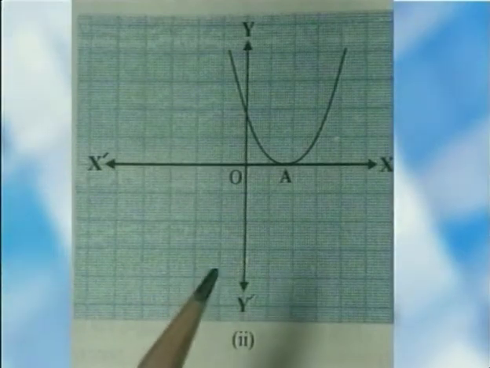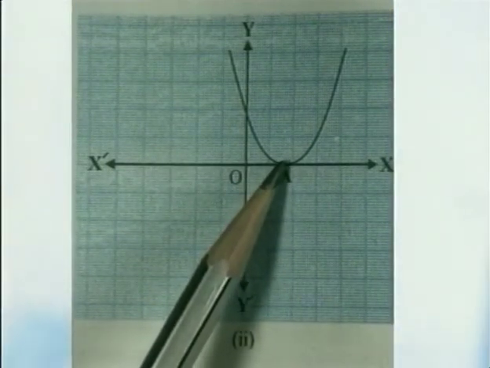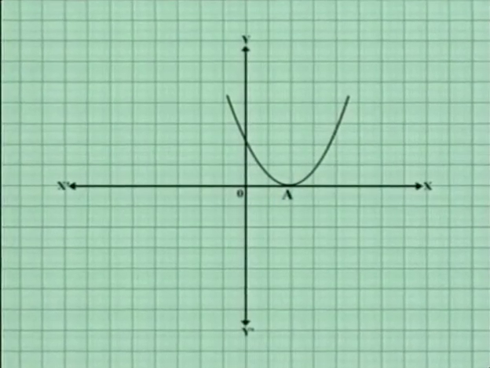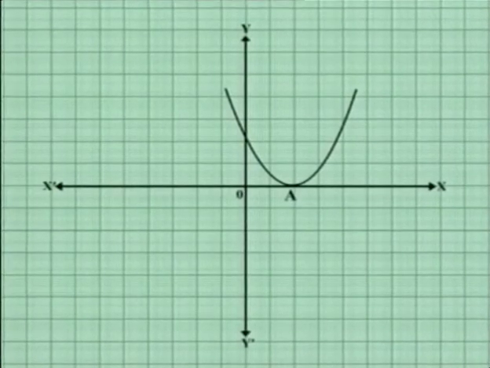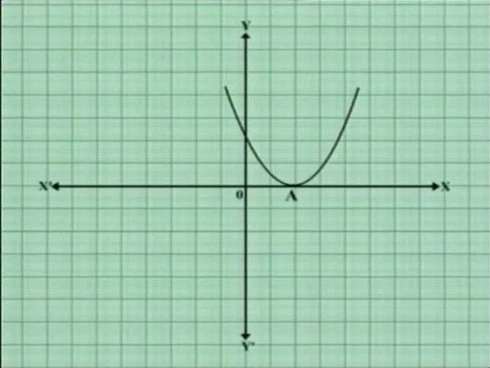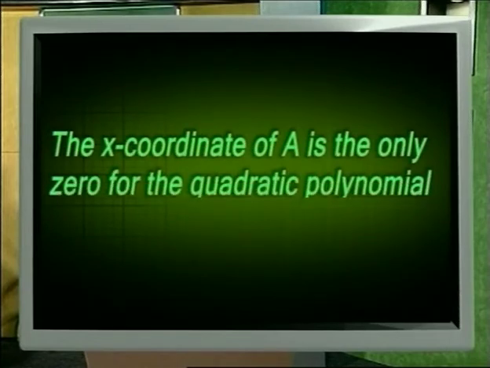Here in this graph again we can see that it cuts the x-axis at 1 point A, at 2 coincident points, but the shape of the parabola is in the upward direction. The x coordinate of A is the only zero for the quadratic polynomial ax square plus bx plus c.